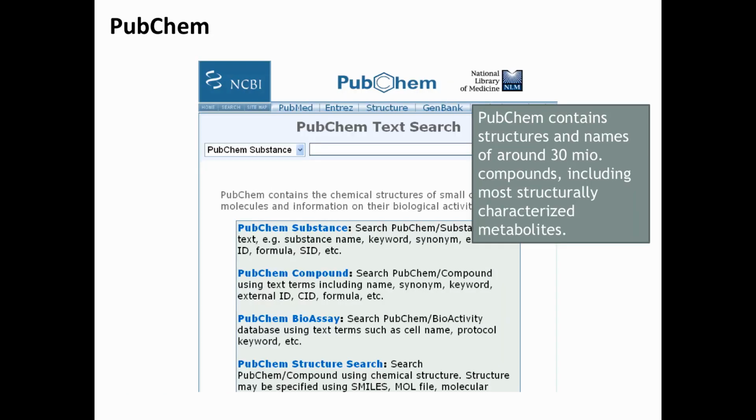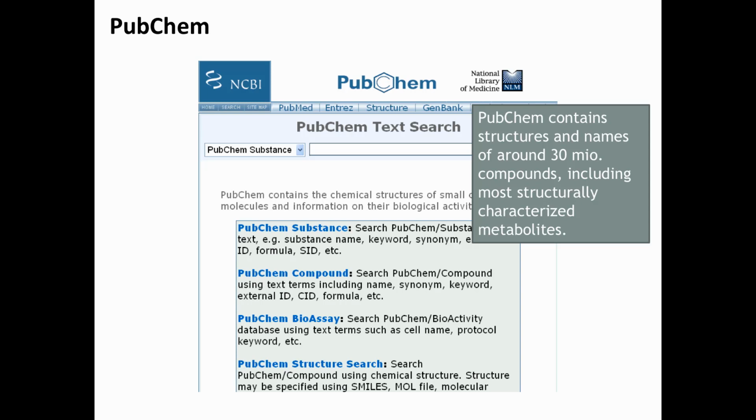And finally, often overlooked, PubChem. PubChem contains basically everything we know about chemical compounds. So over 30 million compounds that are in there, and you can just go into the database and see whether you can find something that has a certain composition. You can also go in there and search by monoisotopic mass if you care.